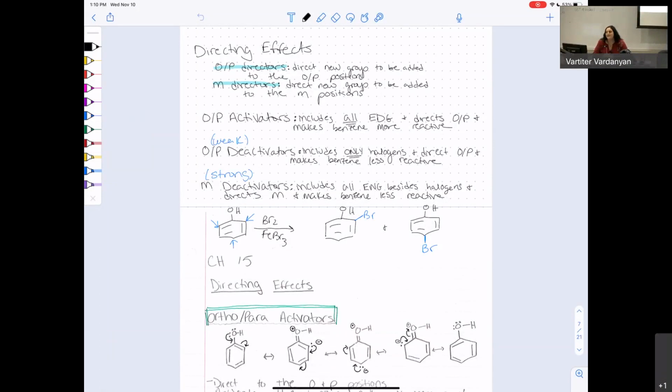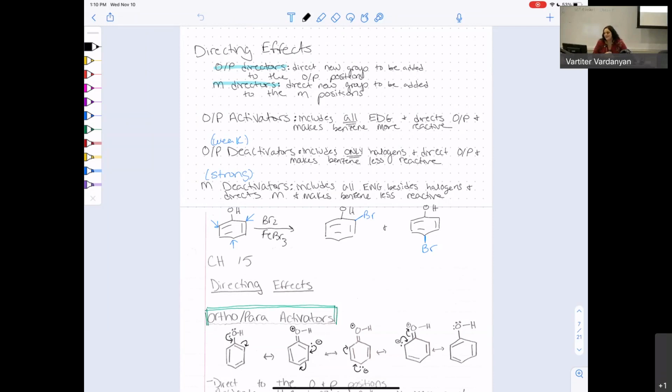So that being said, why do ortho-para directors direct to those specific spots? Yes. Okay, there's more space sterically. Yes.